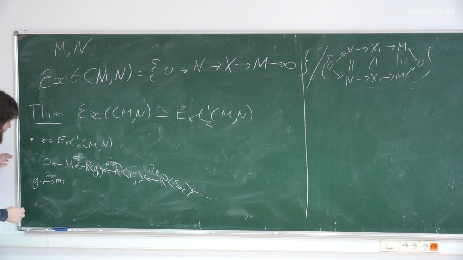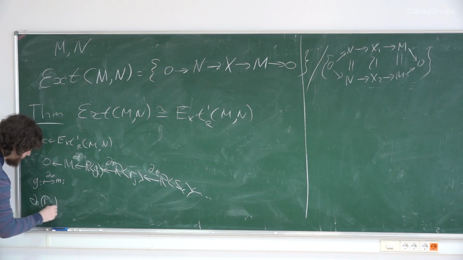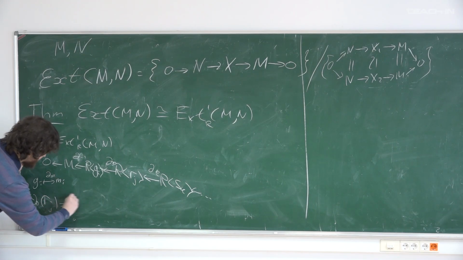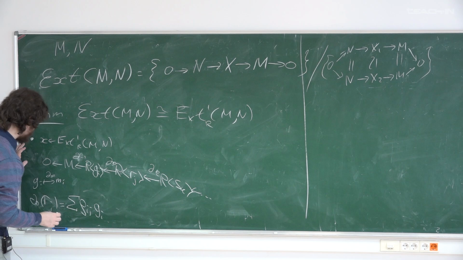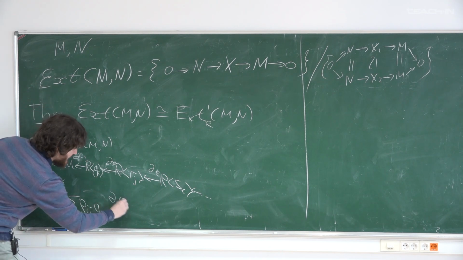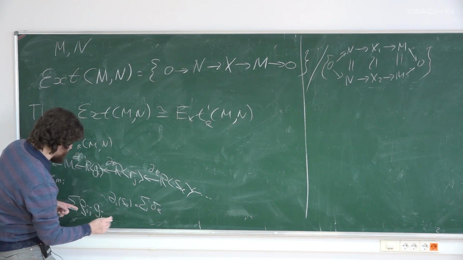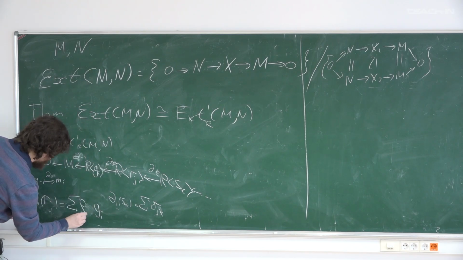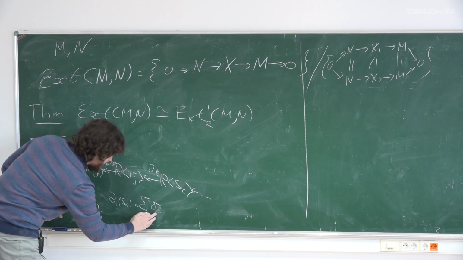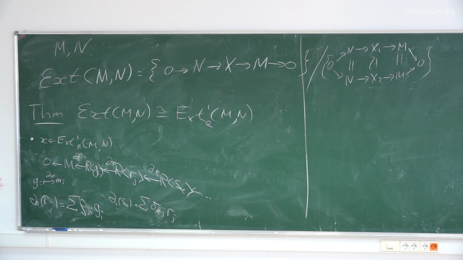I define them on the basis. d0 of r_j is the sum of some coefficients rho_ij times g_i, and d1 of s_k is the sum of some coefficients sigma_kj times r_j. Okay, it's the definition.